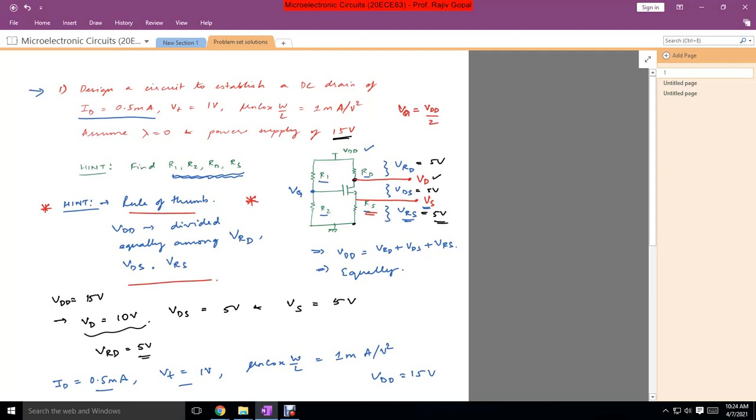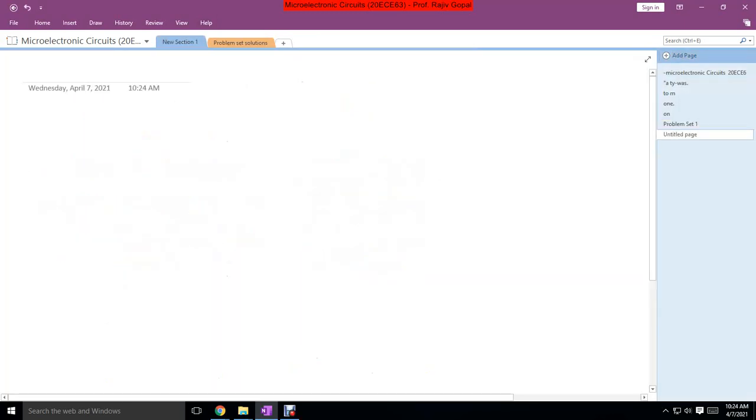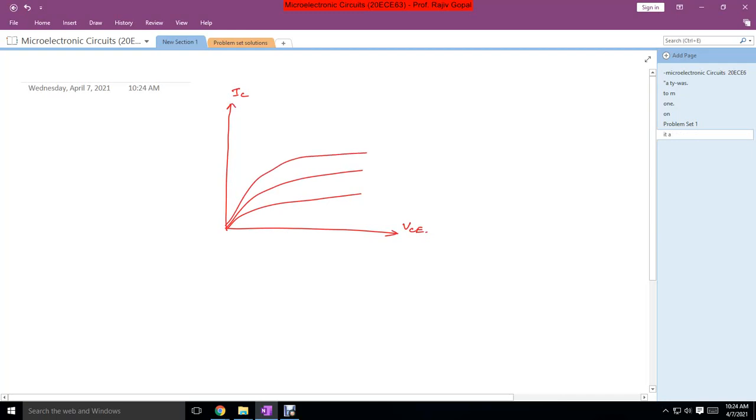This is the output characteristics, IC versus VCE, correct? This is IB1, IB2 and IB3.